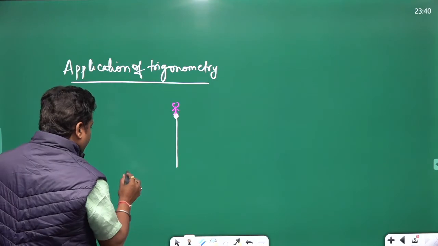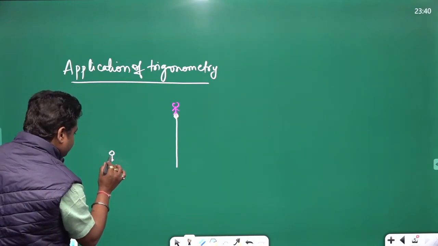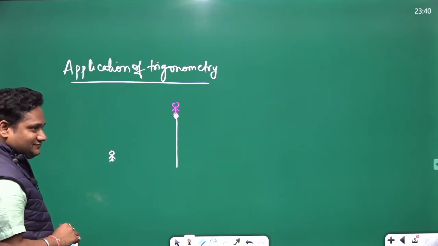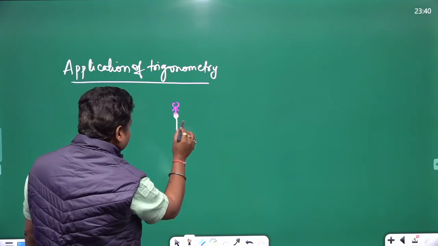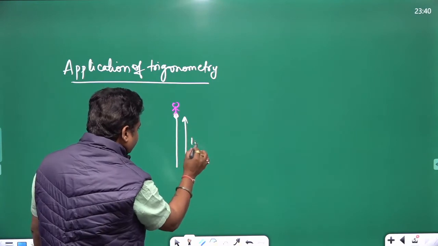And here her friend Arna is there. So the height of the building is 10 meter.